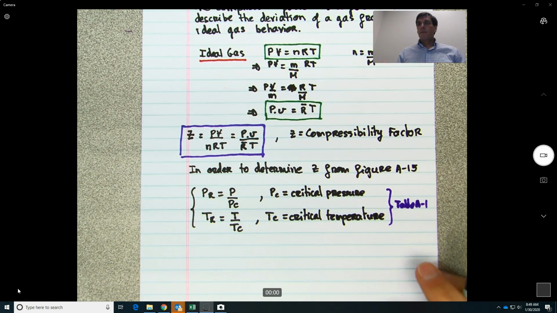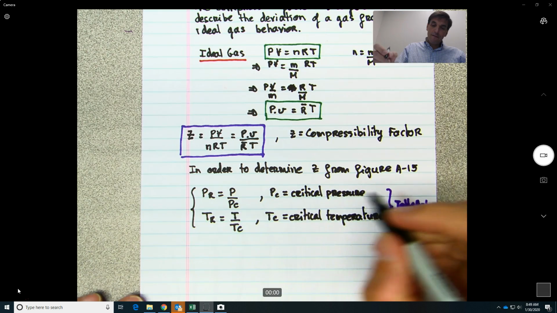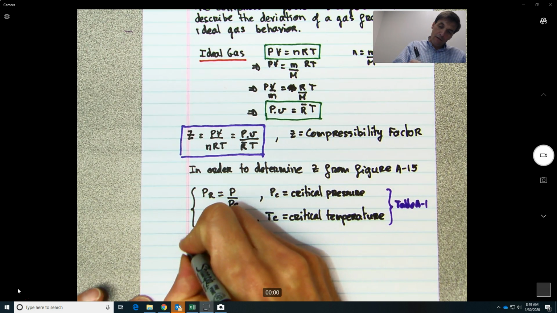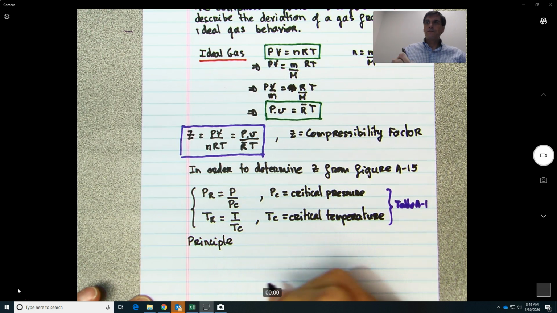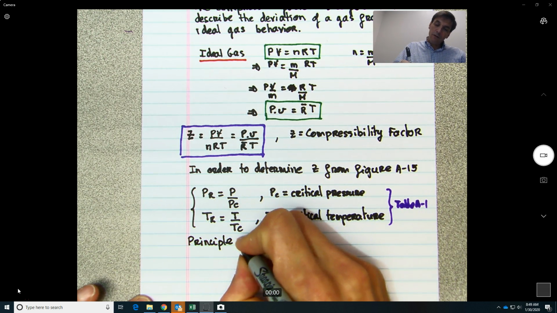Okay, before we do an example, let me just define the principle of corresponding states.